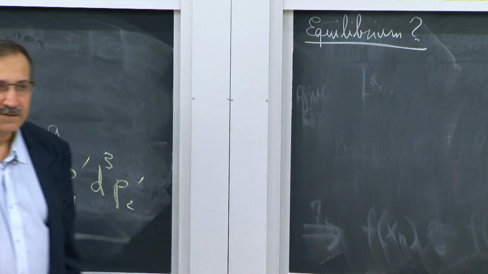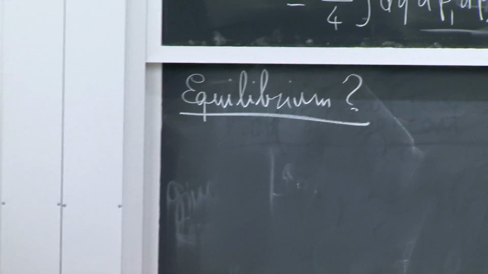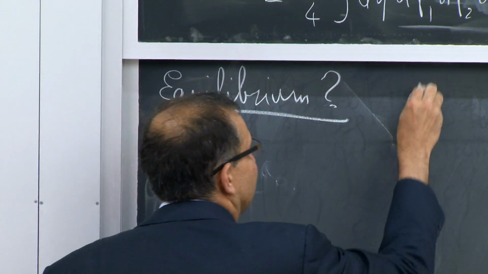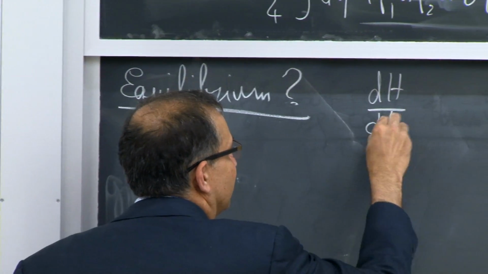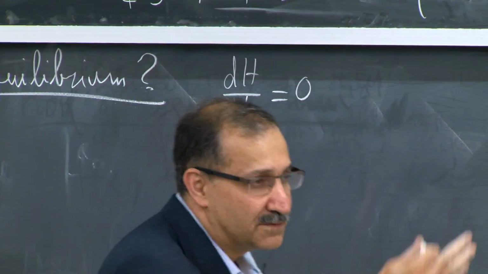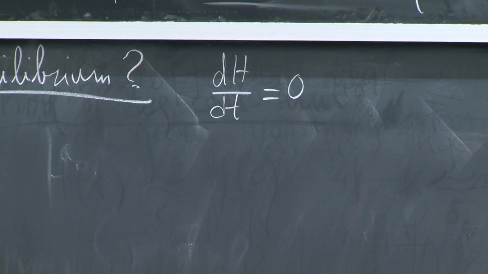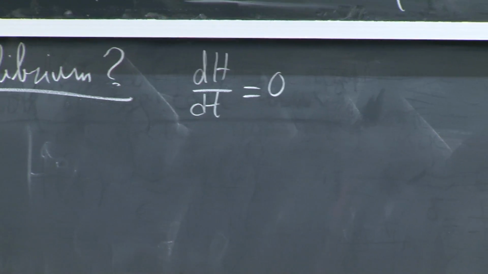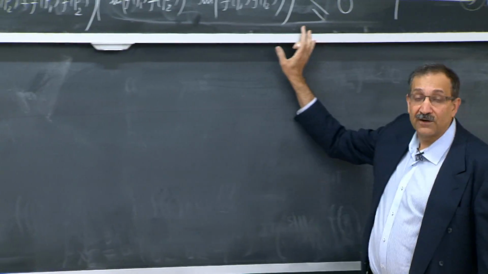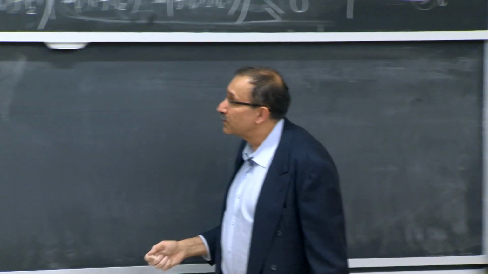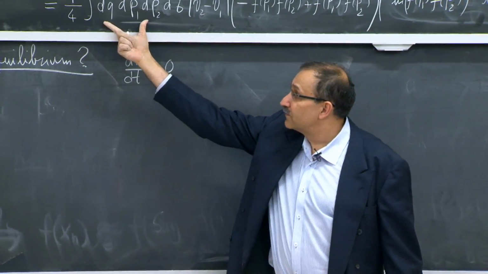Okay. So we said that dH by dt presumably has to be 0, because if it is not 0, then it can continue to decrease. You are not quite where you want to be. Now let's look at what is the condition for dH by dt to be 0. H is this integral that I have to perform over the entire phase space.